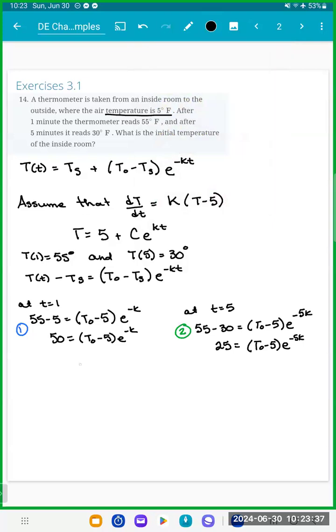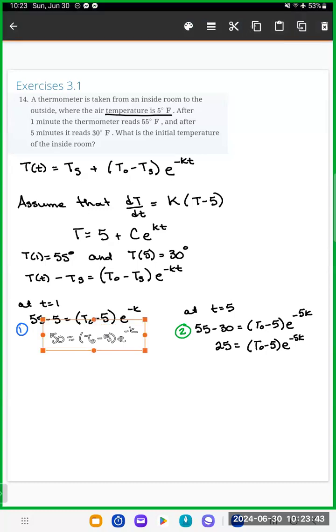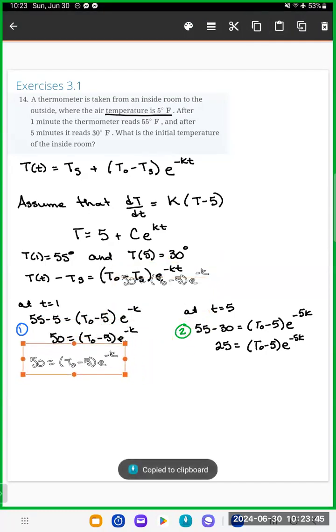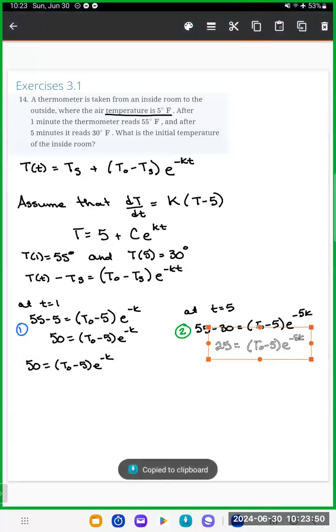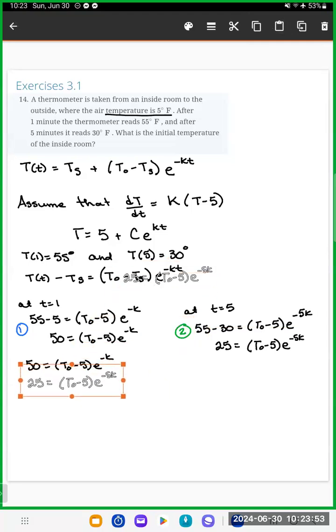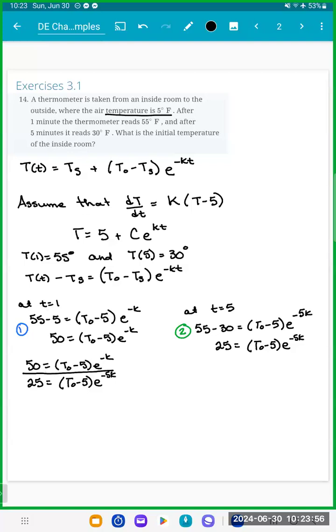So we're going to take our equation 1 and divide that by our equation 2. When we simplify this, we get 2, right? 50 divided by 25 is 2, is equal to, the T0 minus 5 cancel out, and that leaves me with e to the minus k.